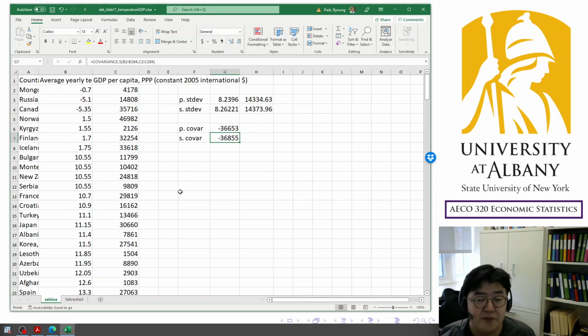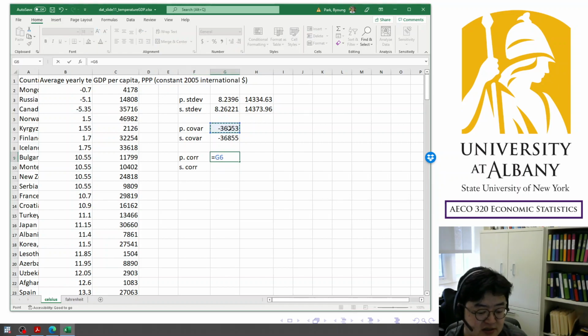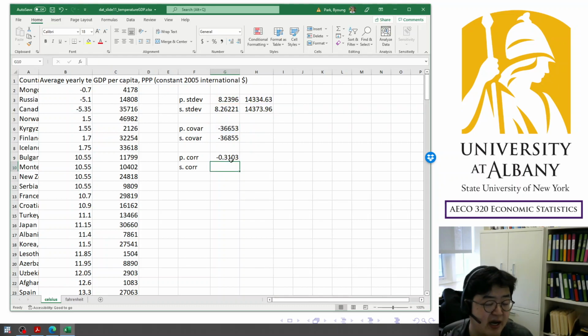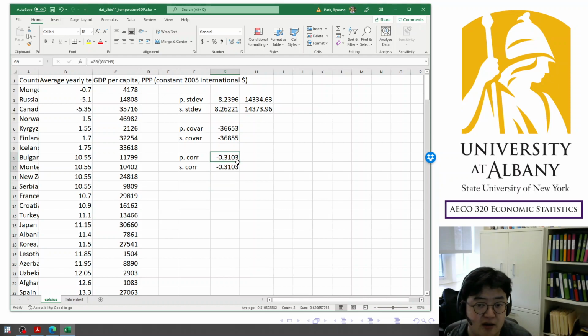Okay, so now let's see. I will calculate the population correlation coefficient and the sample correlation coefficient. By standardizing, the covariance will be standardized by this times this. This will be your correlation coefficient, which is minus 0.3. And the sample version, let's compare with the population version. This will be standardized by the two standard deviations of the corresponding formula.